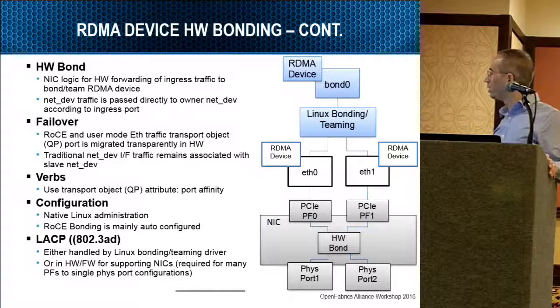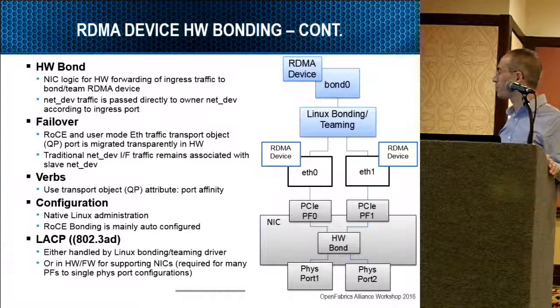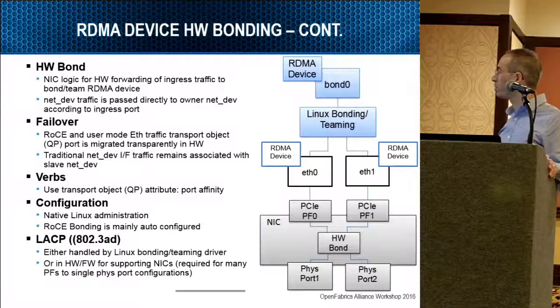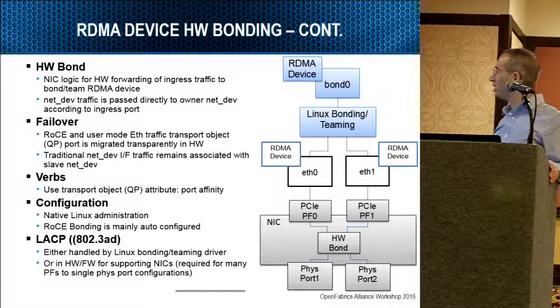And for network traffic, we must use this port, so these interfaces. So whenever network traffic or traditional TCP/IP traffic comes from this port or this port, we would like to use the traditional PCI functions, and through that get to the traditional network devices. So traffic remains the same as if it wasn't an RDMA device.